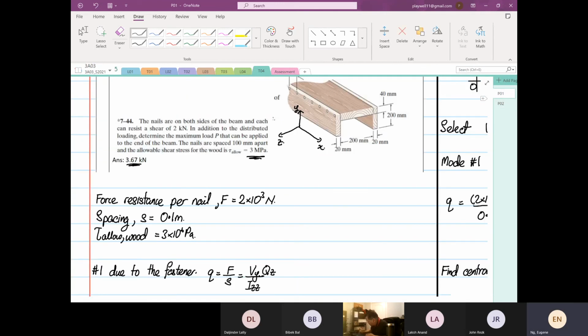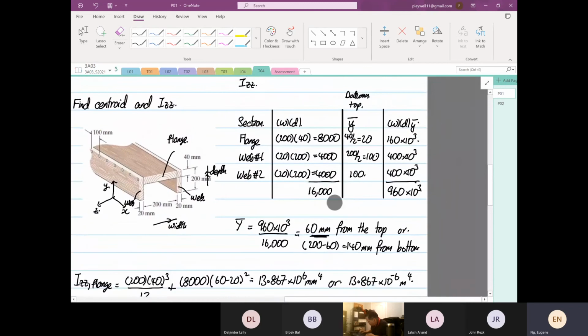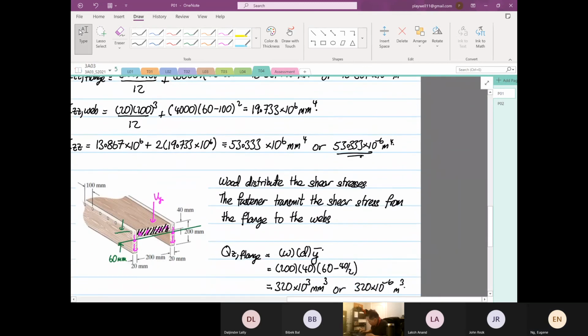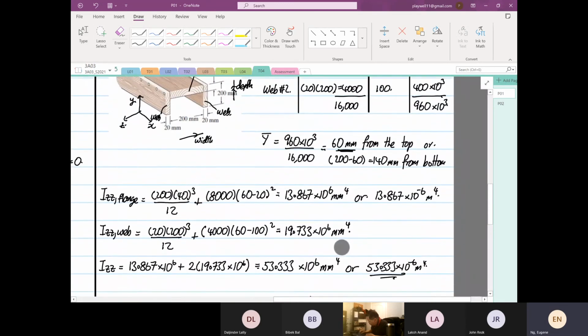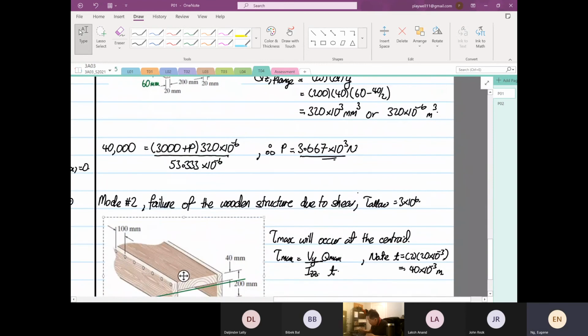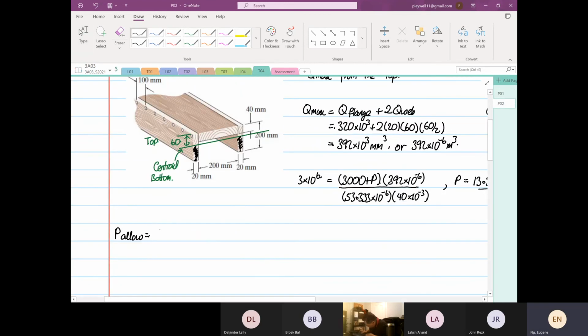And it is the one that we calculated for the fastener, which is equal to 3.667 times 10 to the power 3 Newton, and this is failure due to the nails. So it's not that bad.